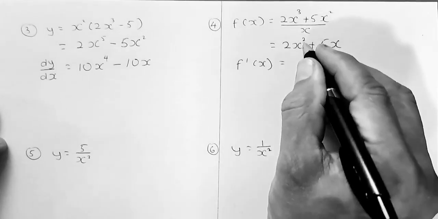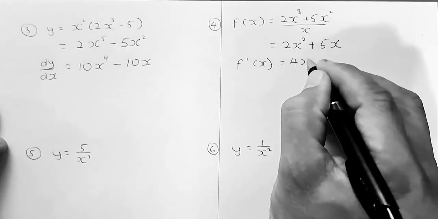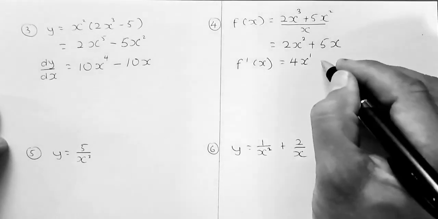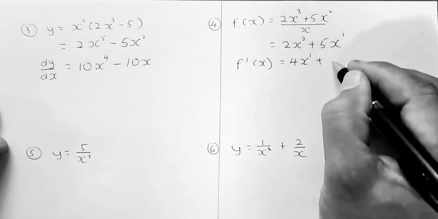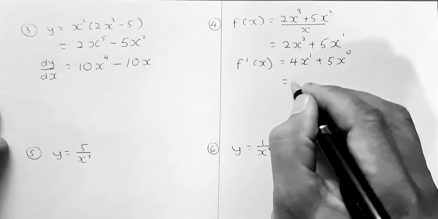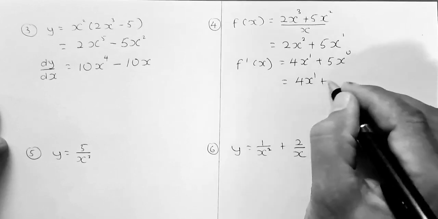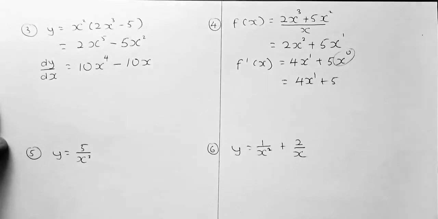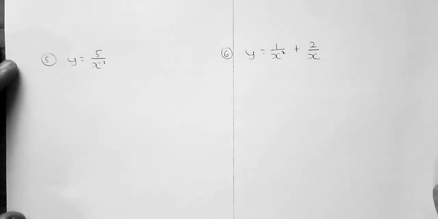So it's going to be 2 times 2 is 4x to the power 1, because 2 minus 1 is 1, and 5x, when differentiated, there's a 1 there, bring it down, 5x to the power 0, and you simplify them, it's going to be 4x plus 5, because x^0 equals 1. Now we shall do the last two examples.